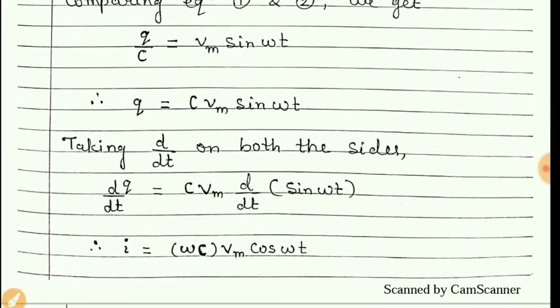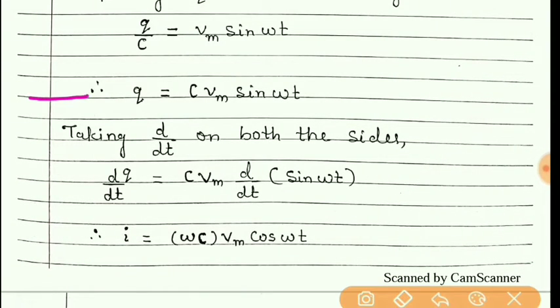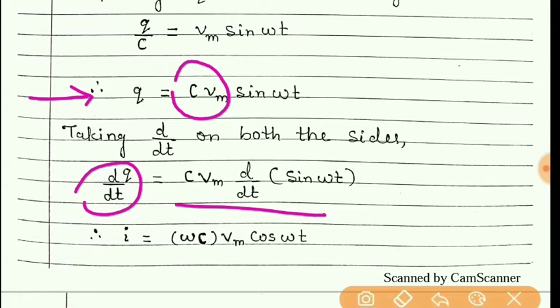Now differentiating this equation on both sides, on the left side we will get dq by dt, and on the right hand side these two terms are constant, so they are taken out, so what remains is d by dt of sin omega t.